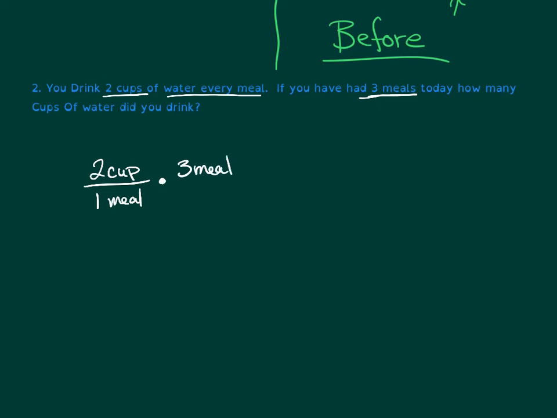Once again, I've got a fraction times a whole number. I've got to make it into a fraction. And then my meals, I've got 1 in the top, the numerator, and 1 in the denominator. So those will cancel. I'll get 2 cups times 3, which will give me 6 cups over 1, which is going to be equal to 6 cups.